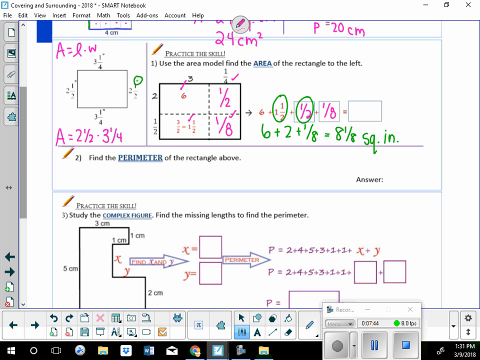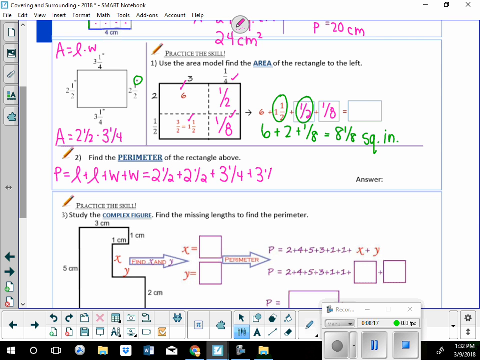You're so fun. So perimeter equals our length, that's my L for length, plus width, which is also equal to, I can use my equal sign again, because this will be equal to what I wrote before. 2.5 plus 2.5 plus 3 1/4 plus 3 1/4.